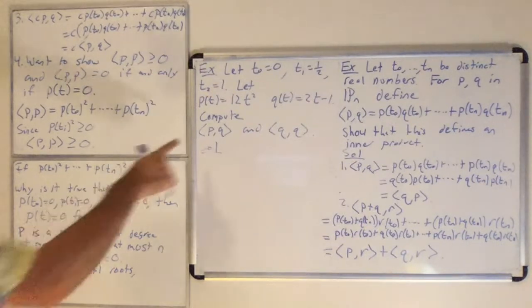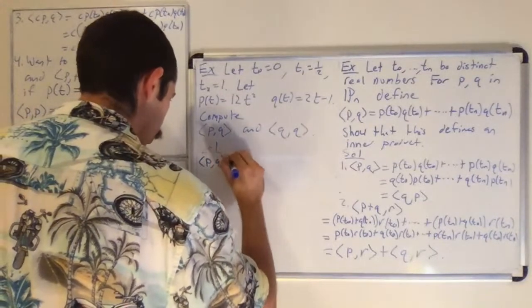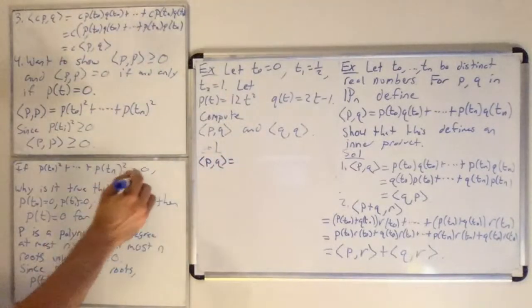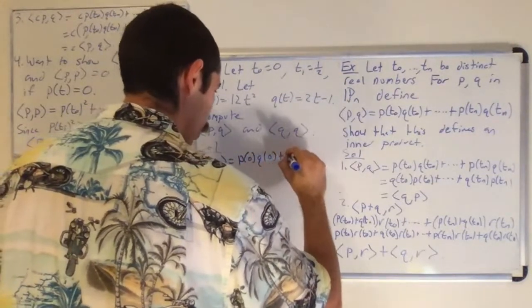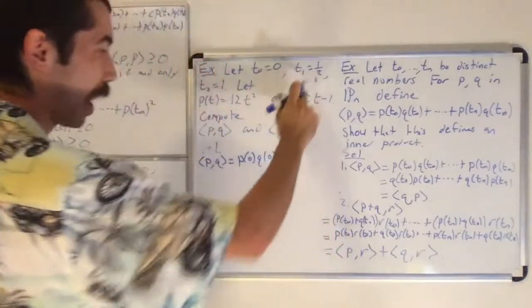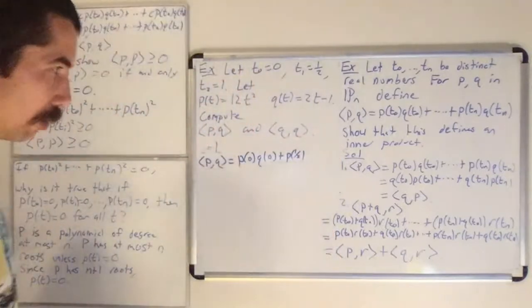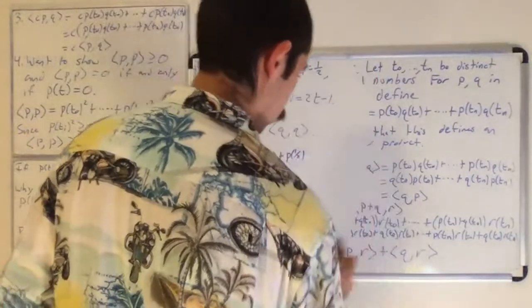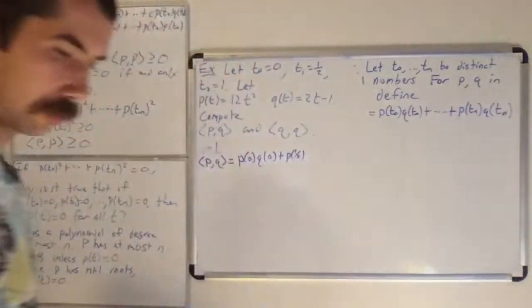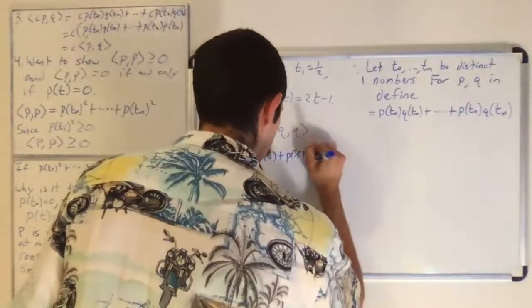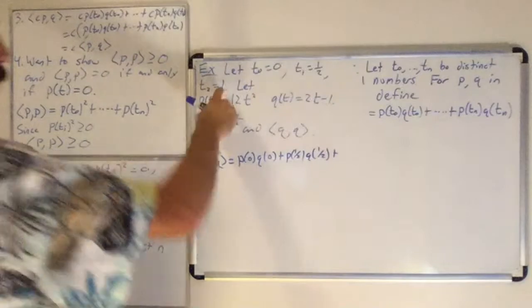All right, so let's start with PQ. So that's P of 0 times Q of 0, plus P of 1/2 times Q of 1/2, plus P of 1 times Q of 1.